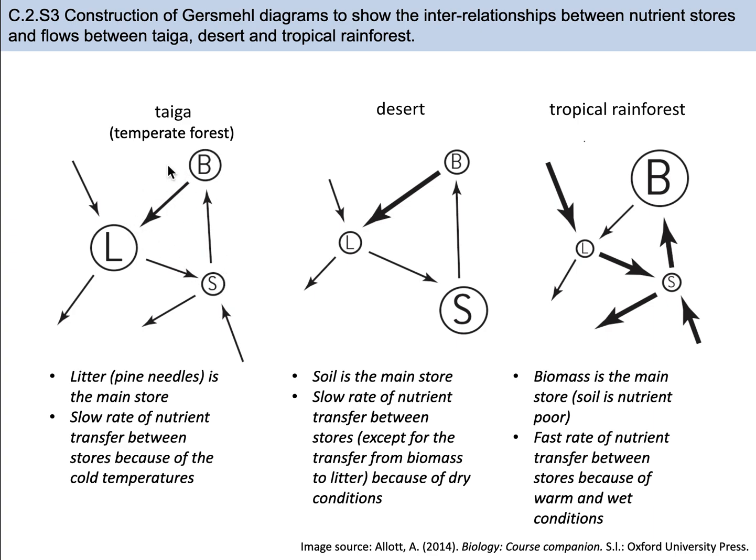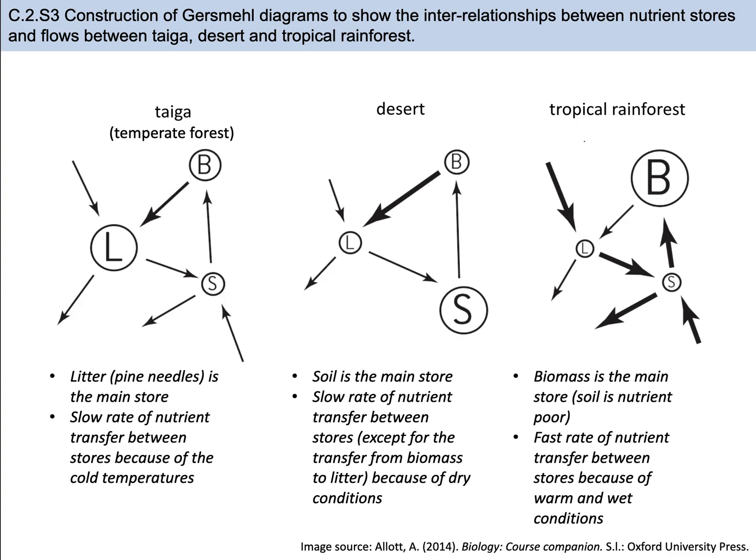Notice the thickness of this arrow here. Most of the nutrients are moving from biomass to leaf litter through decomposition. Now, what affects the transfer of these nutrients the most in this main triangle here between biomass, litter, and soil is the temperature and amount of rainfall or precipitation in these areas.